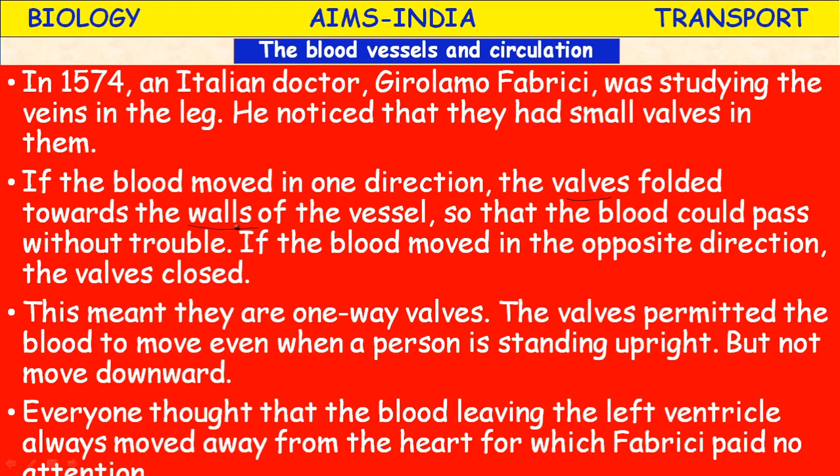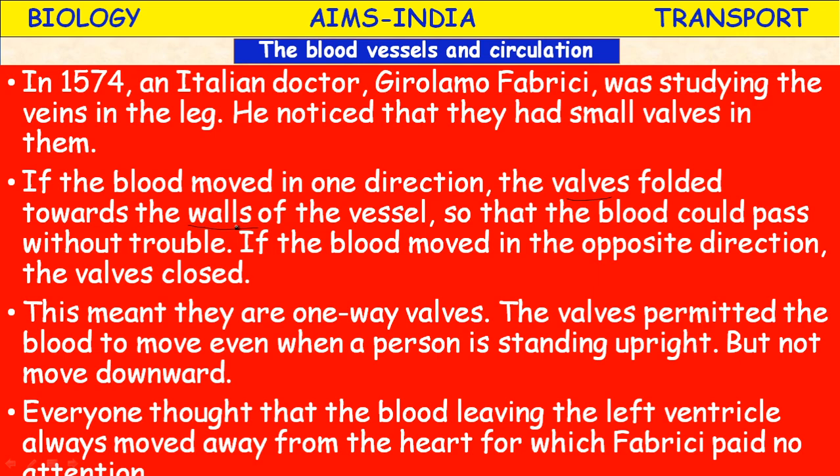They act like the traffic police. This meant that they are one-way valves, which allow the flow of blood in only one direction. The valves permitted the blood to move even when a person is standing upright, but not move downward.